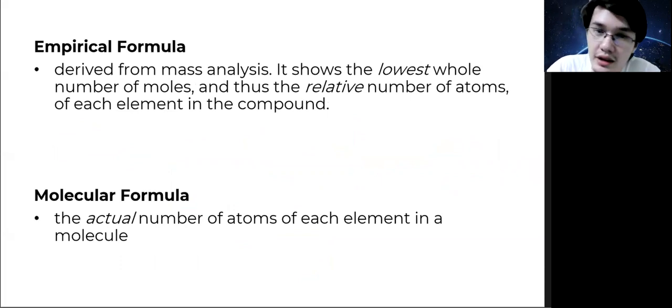And the empirical formula is usually determined using mass analysis. Molecular formula, on the other hand, is the actual number of atoms of each element in a molecule. Molecular formula is what we commonly see.